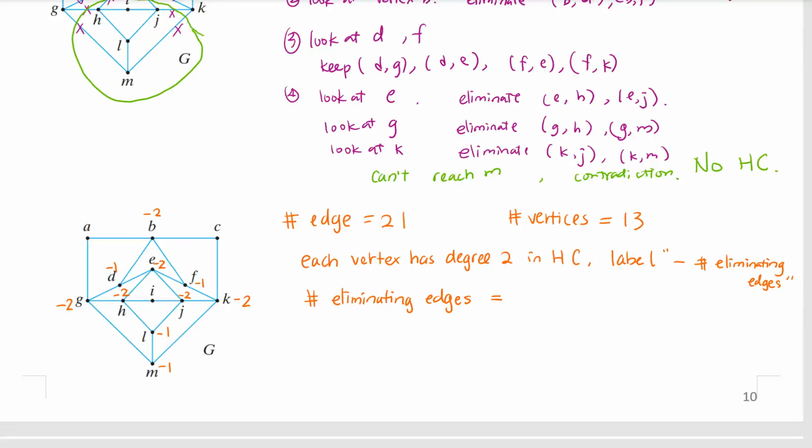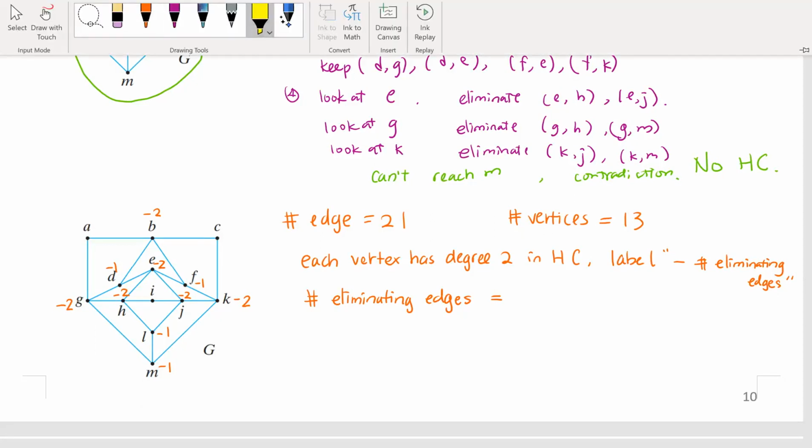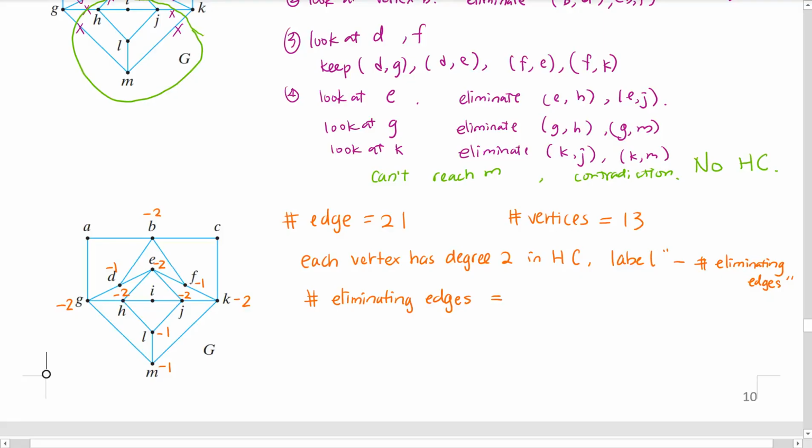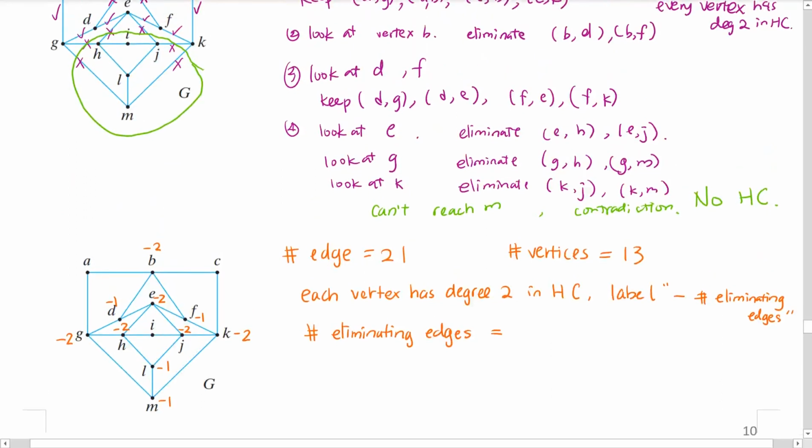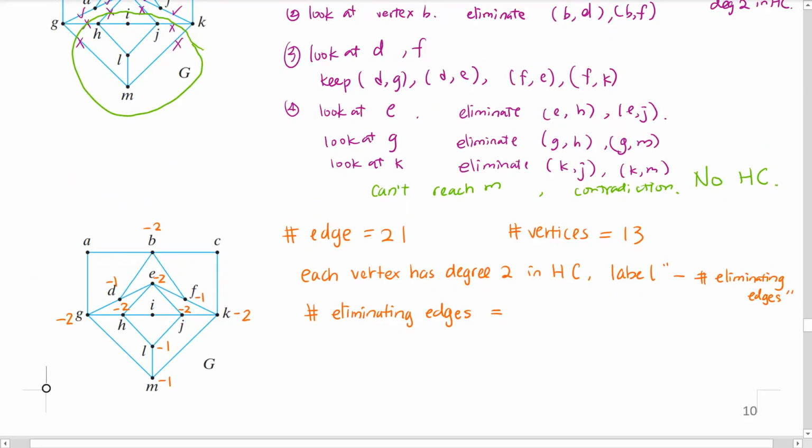What we do is we first look at the vertices with the biggest label, I mean biggest in magnitude. So let's look at B. Do you see B? We want to eliminate 2 edges.